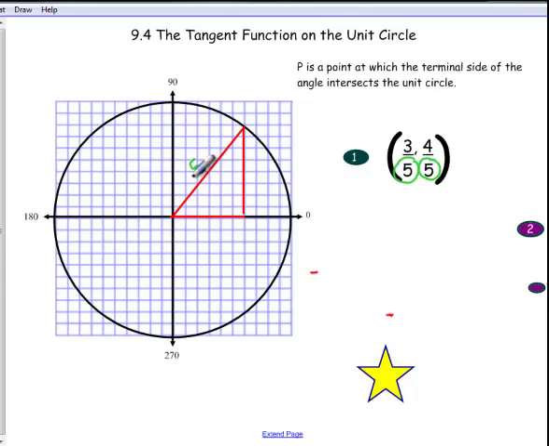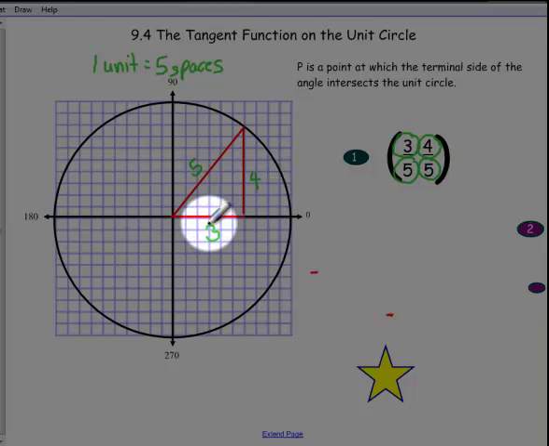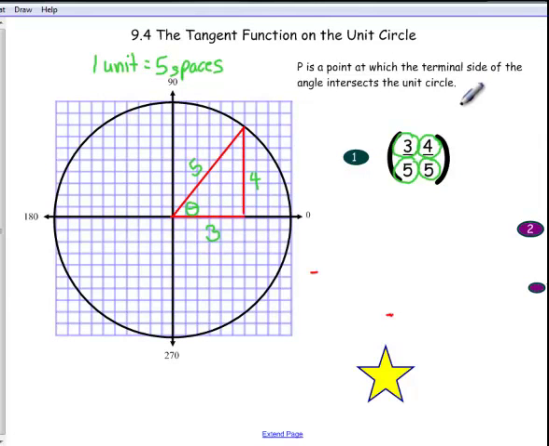So in this example, 1 unit would equal 5 spaces. So this 3 is the cosine, which is still the adjacent side, and this 4 is still the sine, which is the opposite. And now you can look very quickly and see that the tangent is the opposite over the adjacent. It all depends on how you want to look at the problem, whichever makes your brain happy.